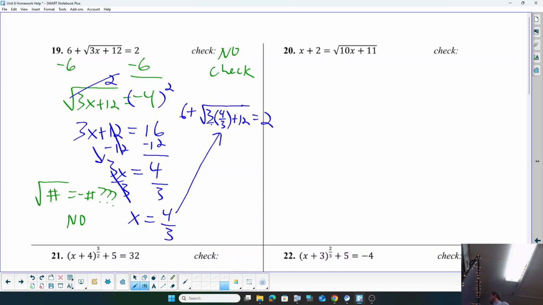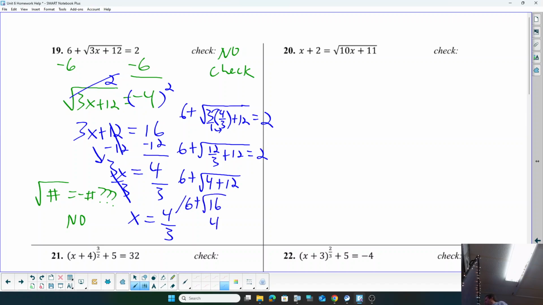The 3 over 1 gives 6, plus the square root of 3 times 4 is 12, 1 times 3 is 3, plus 12. 12 divided by 3 is 4, and 4 plus 12 is 16. The square root of 16 is 4, and 6 plus 4 is 10.